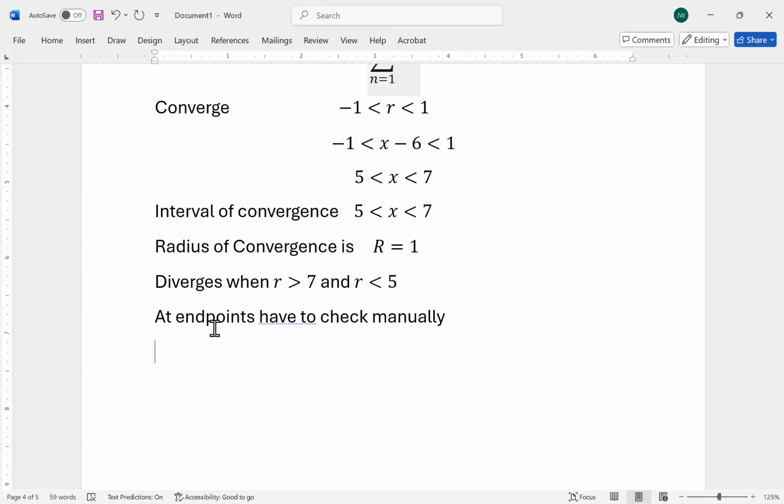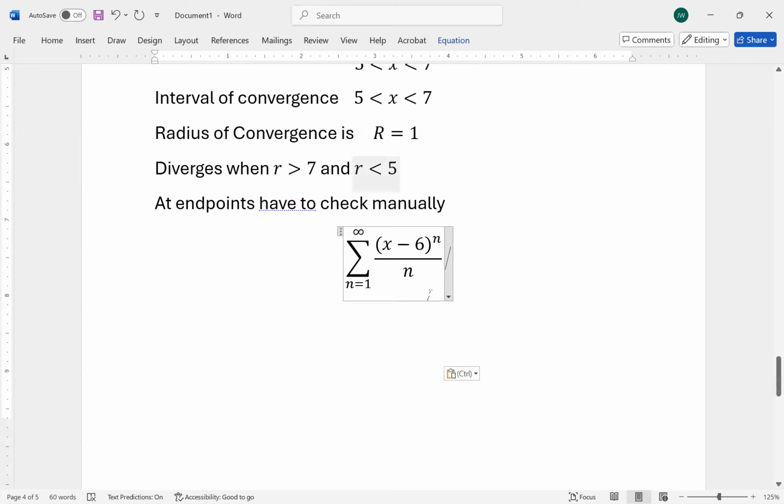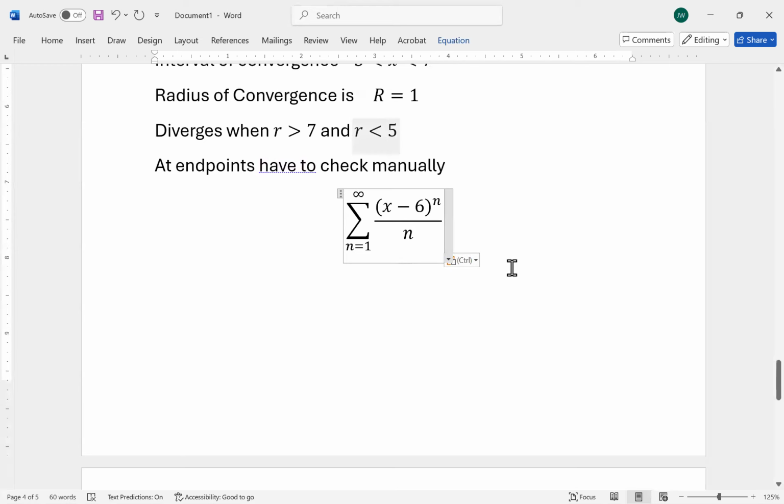But we do have to check the endpoints. So let's plug in an x of 5 and see what happens. And then we'll plug in an x of 7 and see what happens.